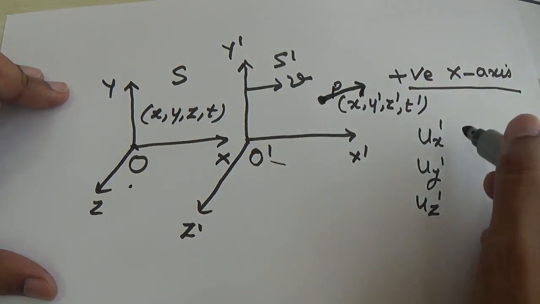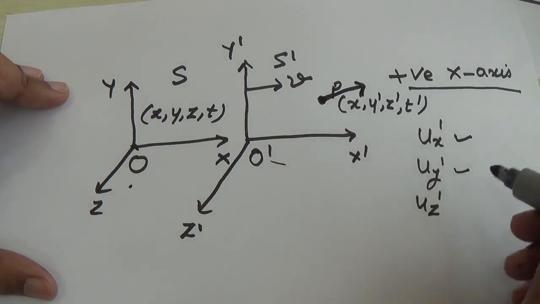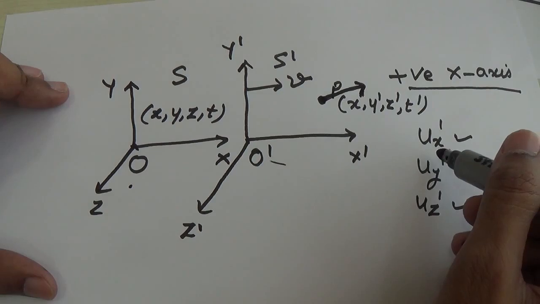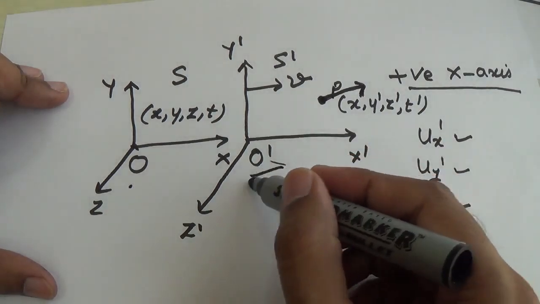So one can find these components of the velocity ux prime, uy prime, uz prime. Why have I considered the prime frame here? Because this particle is in the S prime frame and moving in the positive x direction, and ux prime is according to the O prime observer.